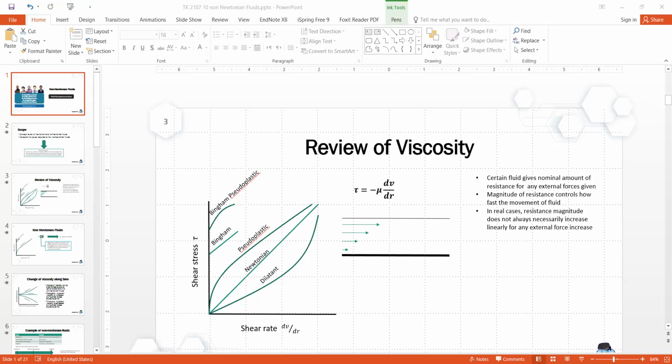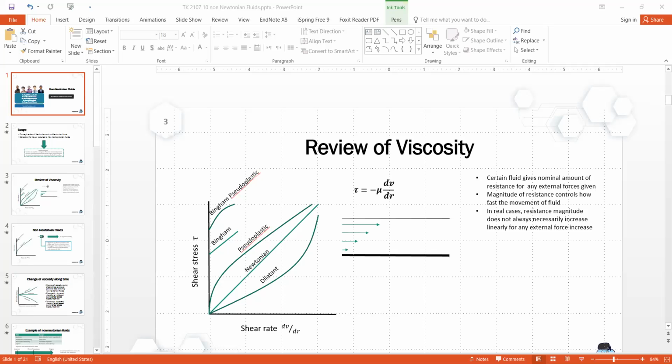Nobody? So the unit of viscosity is Pascal second, isn't it? Yes, Pascal second. This is the international system, the SI. The unit of shear rate is 1/second.